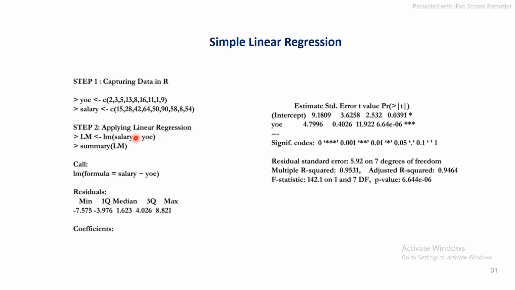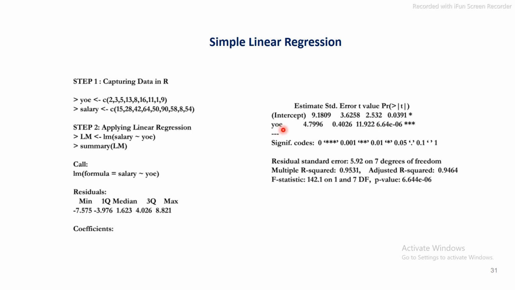The tilde sign means a relationship, so in linear regression we pass this tilde sign. Whenever you pass this formula, and summary of lm is nothing but the summary of this linear model. When you run this, you will get an output like this.